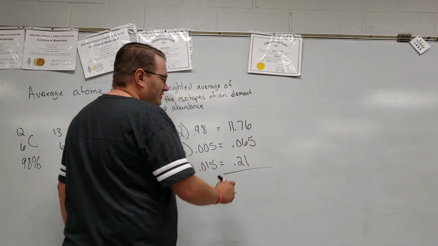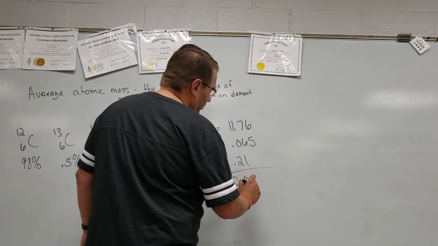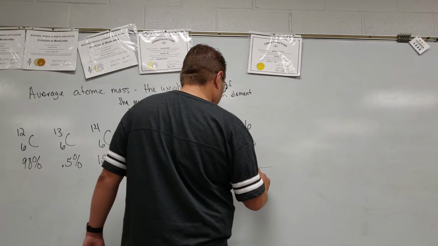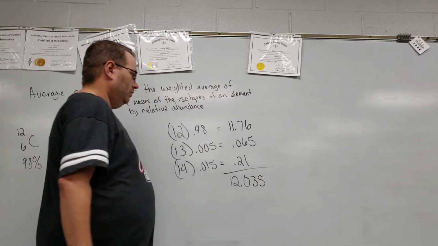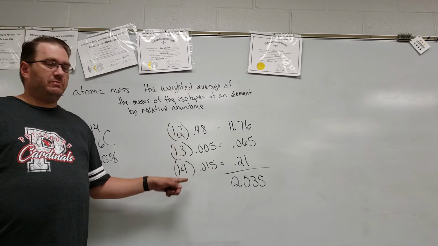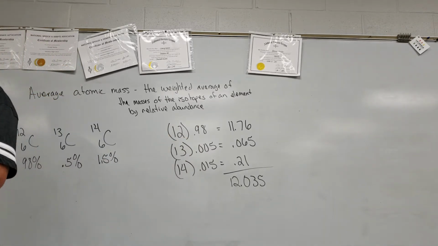Then I add all three of these together, and I get 12.035. Wait, why do we add them? Because I weighted each one by using the percentages. Then I add them all together, and that gives me my total. Gives me my average.